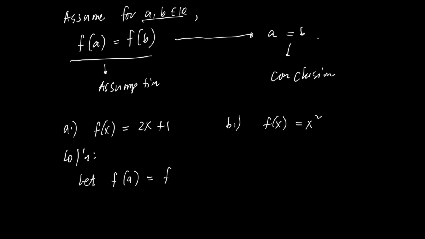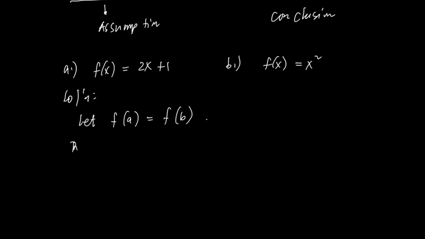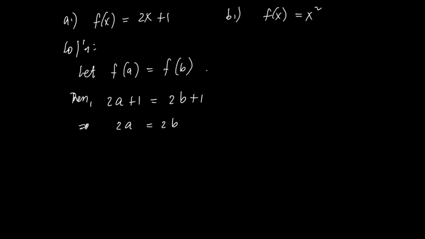So for the first one, we let f of a is equal to f of b. Therefore, 2a plus 1 is equal to 2b plus 1. This is just evaluating functions. Then, by applying the addition property of equality, 2a is equal to 2b, meaning subtracting 1 on both sides.